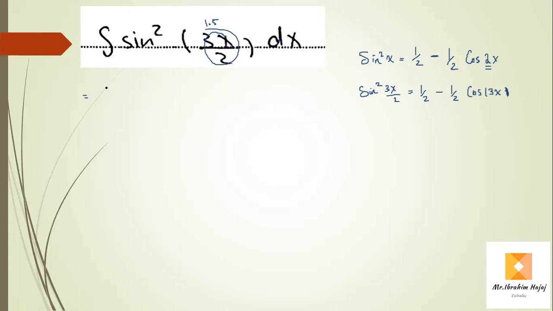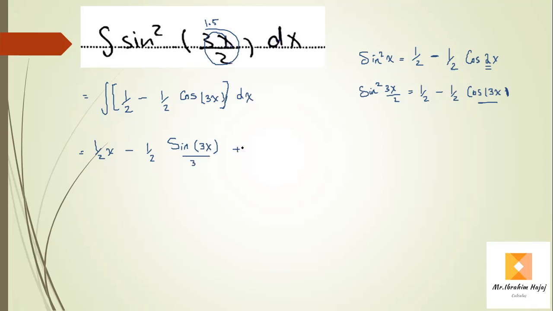Nice. So we say equal: replace sine squared, half minus half cosine 3x dx. Now it becomes half x minus half times the integral of cosine 3x, which is sine 3x over 3, plus c.